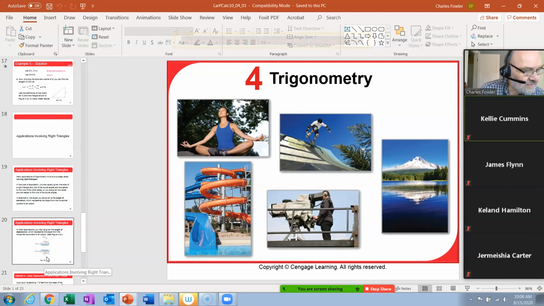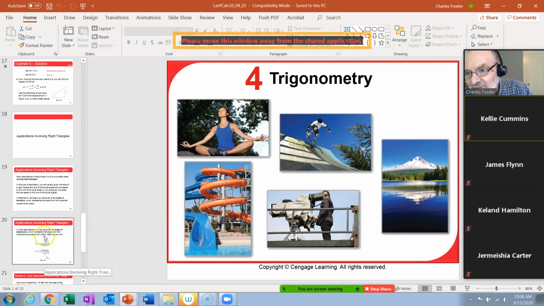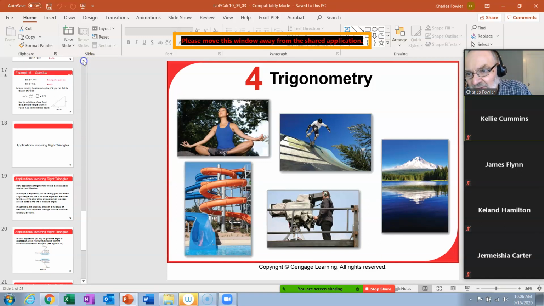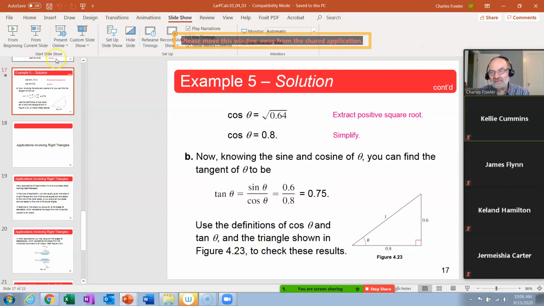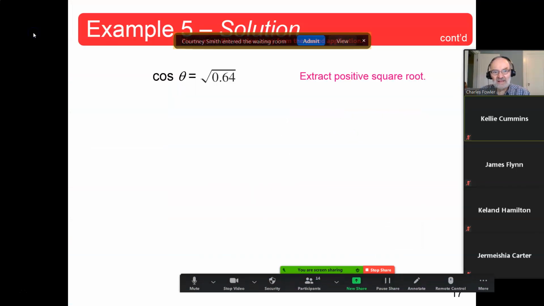We're still under right triangles, no, the trig identities. So I'm a little too far along here. This, I think, is where we are. Yes. Okay. All right. Any other questions, issues, concerns before we get started today? Let's start from the current slide and we'll go from there.